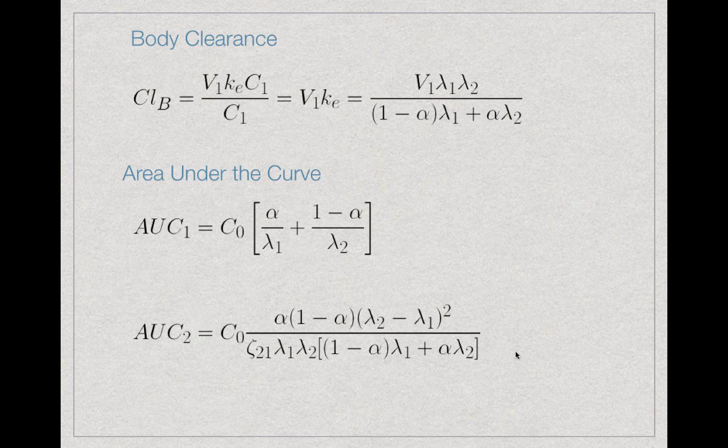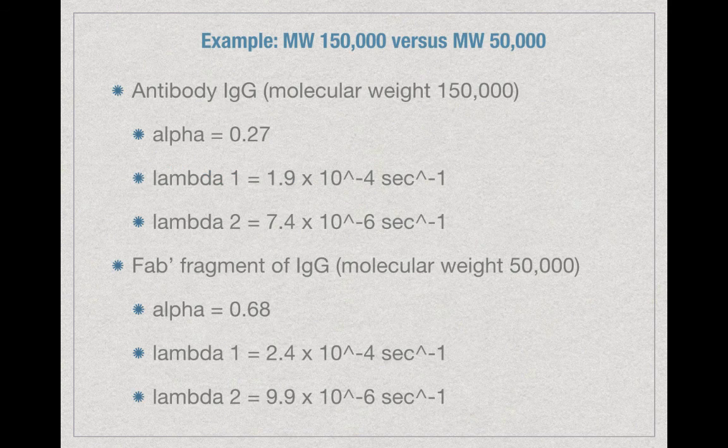So again, if you're very interested in how we derive this, or this would help you to understand it better, please see me, and I'm more than happy to walk you through the derivations. I will also put slides up on Colab that again walk you through these derivations. These cases are not as simple as the one compartment model, and so it's not as easy to relate these things biologically.